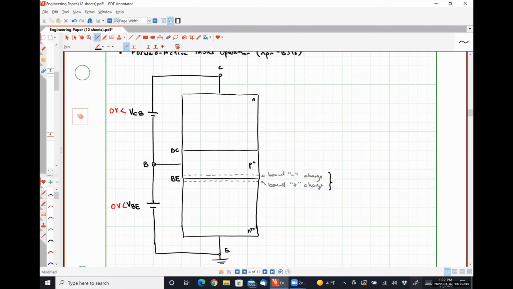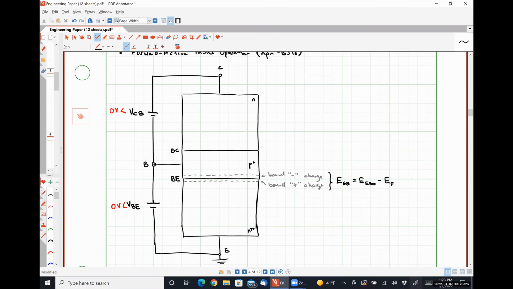This is going to give us a reduced barrier potential for our base emitter junction, such that EEB, the electric field that is directed from the emitter to the base, is EEB naught, the unbiased field strength, minus what I'm going to call EF, which is the electric field reduction due to the forward bias voltage, right?